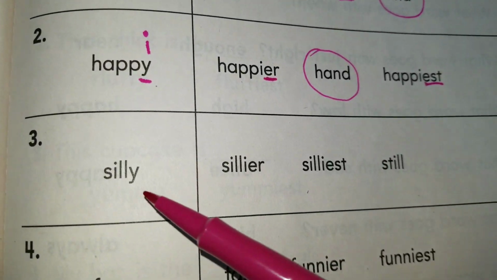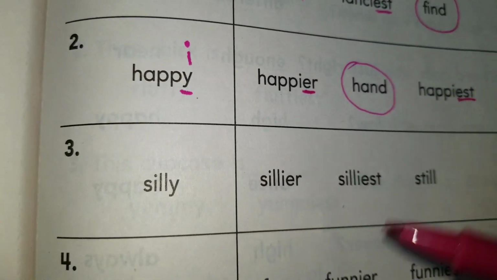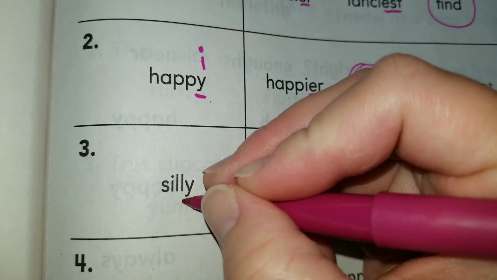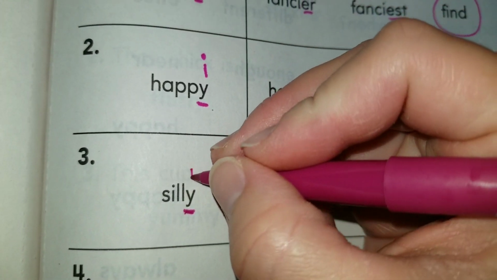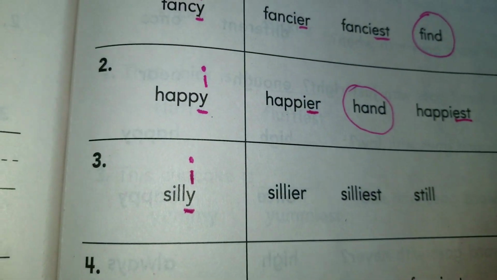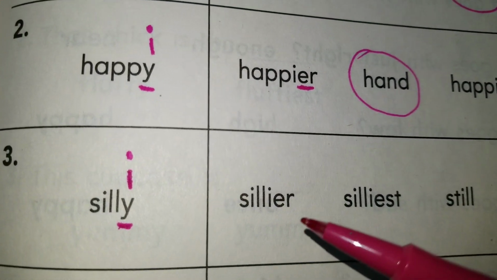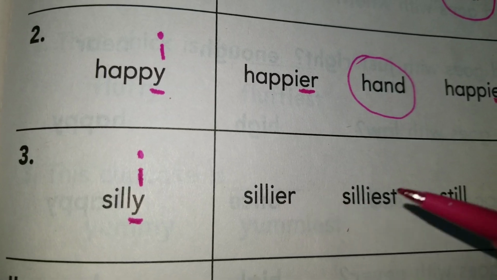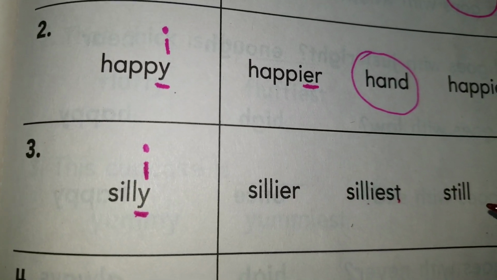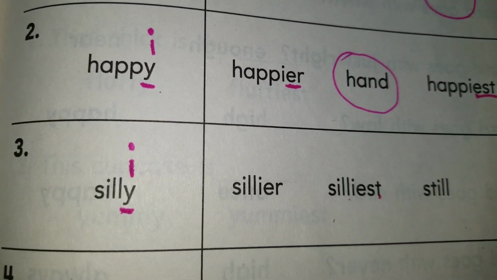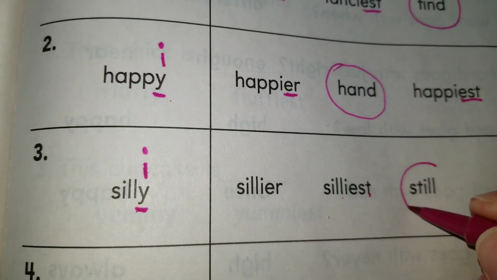Alright, let's take a look at number 3. We have silly, right? Silly has Y at the end. We need to replace that Y with vowel I, and now we can add ER or EST. So let's see first which word doesn't belong. We have sillier, silliest, and still. Still is the one that doesn't belong.